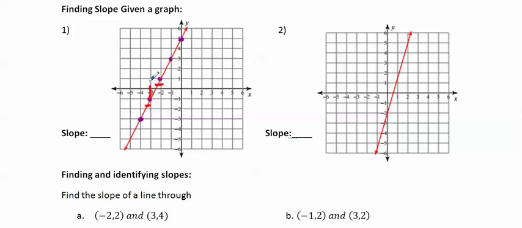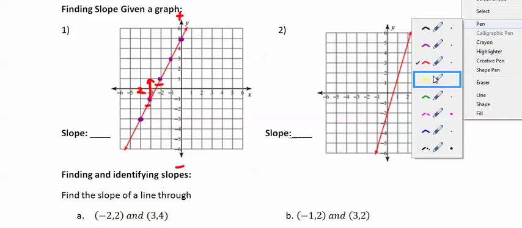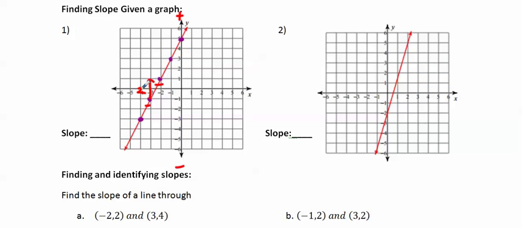Okay. So I want to see how far I go up. So here's my rise. Looks like I go up 2. And remember, up is positive, down is negative, right. So I've got positive 2 since I go up 2, and then to see how far my run is, I have to go over 1. Okay, so my run is 1.